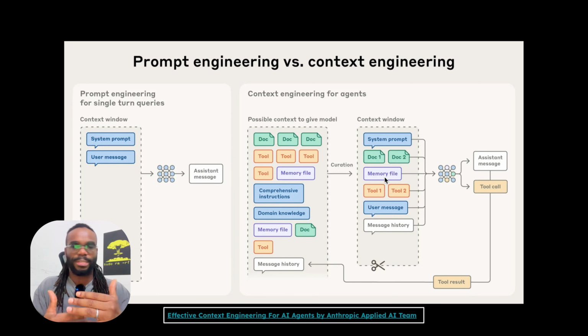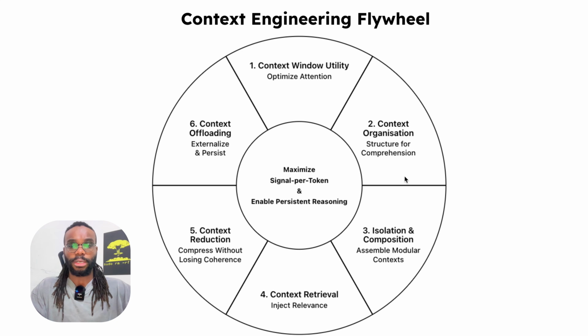I don't know if they're presenting it as a defined structure of what goes into the context window, but there is some form of structure and organization of the information that we're putting into the context window. Then there is context isolation and composition, context retrieval, context reduction, and context offloading. We're going to be seeing all of these techniques in the code section of this video.